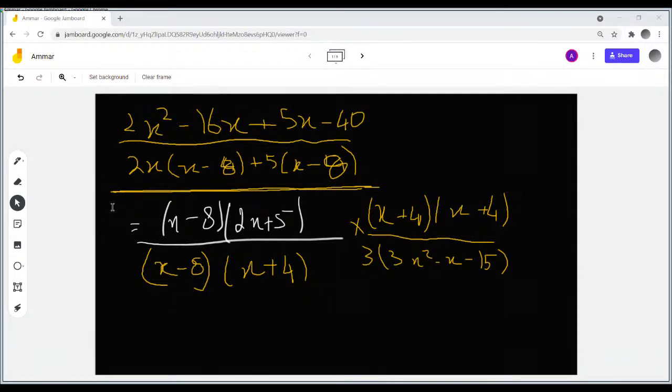You did the common thing wrong. If you take 3 common, you'll have 2x squared minus x minus 15.